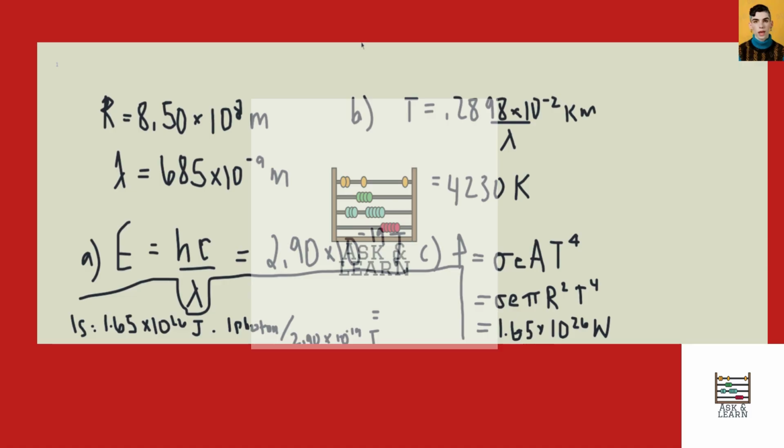So let's go ahead and divide out these numbers. So I'll take the last number and divide it by 2.90 times 10 to the minus 19. And so with that, I get 5.68 times 10 to the 44.